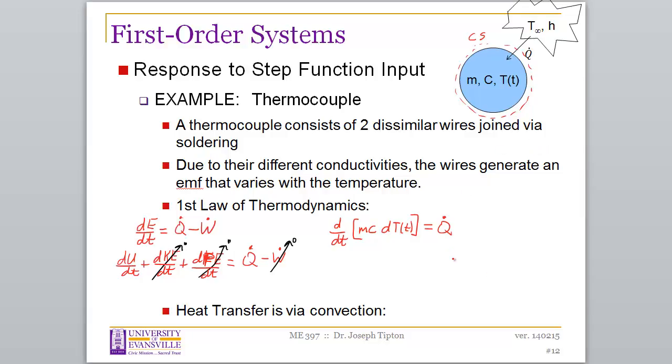Okay, and then what is my heat transfer? Well, my heat transfer is going to be convection. We have this fluid, whether it be a liquid or gas, and it has a convection coefficient, so we can use Newton's law of cooling to model the heat transfer via convection. And that looks like the convection coefficient times the surface area multiplied by the temperature difference between the surrounding fluid temperature and the temperature of the thermocouple bead.